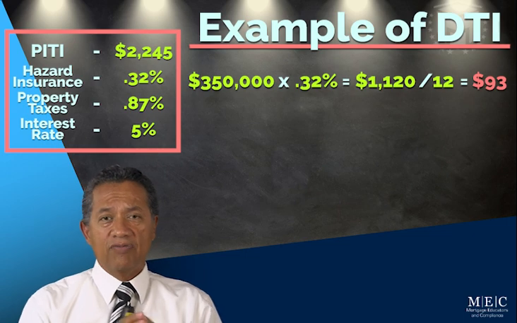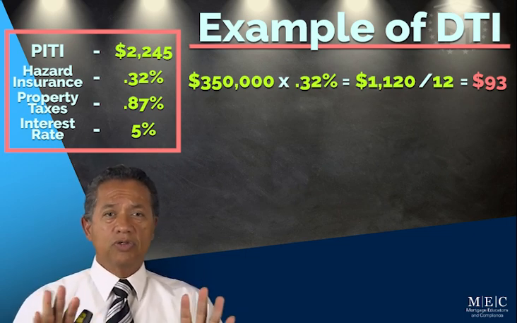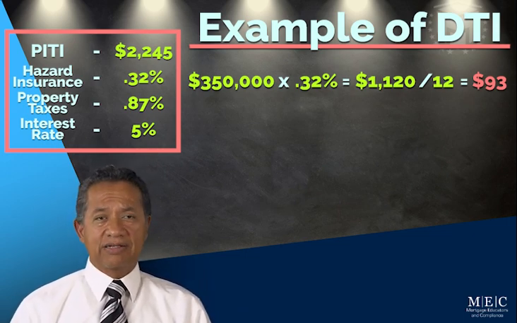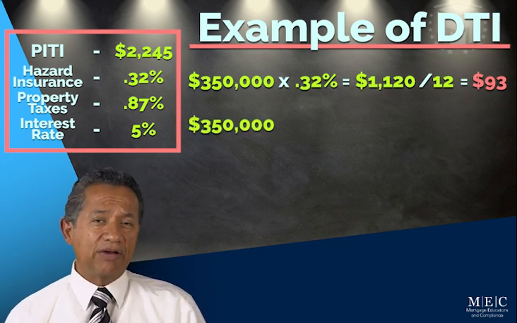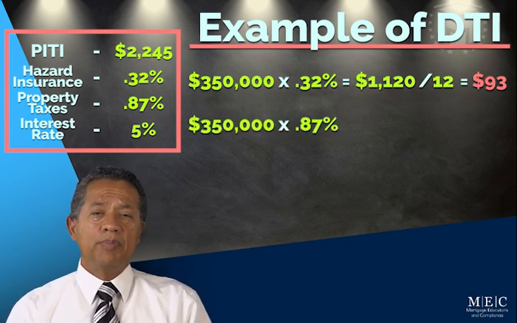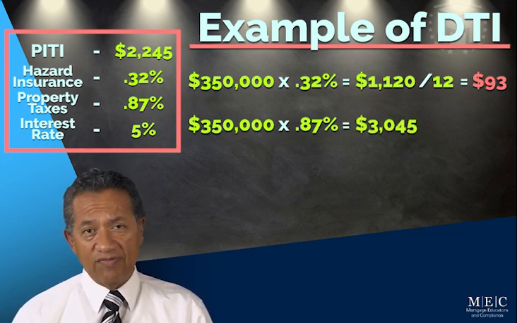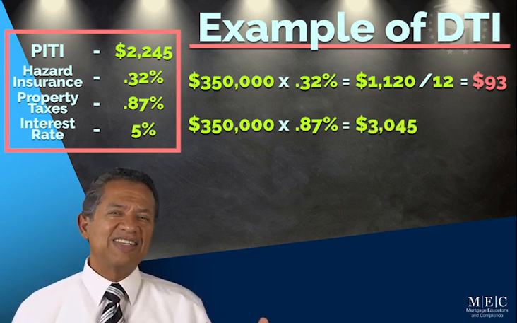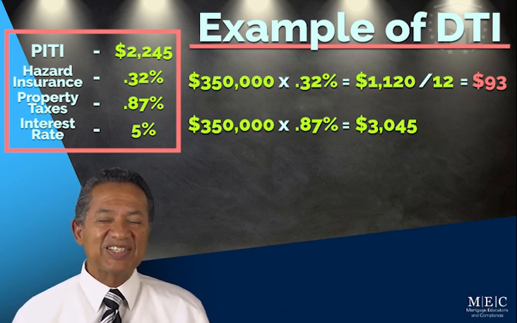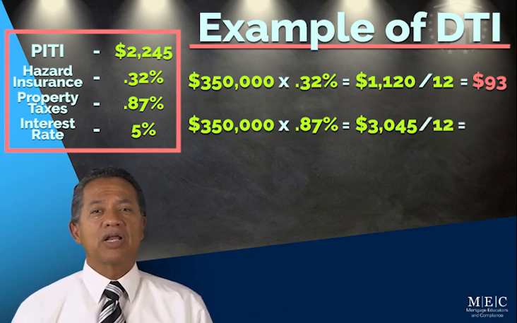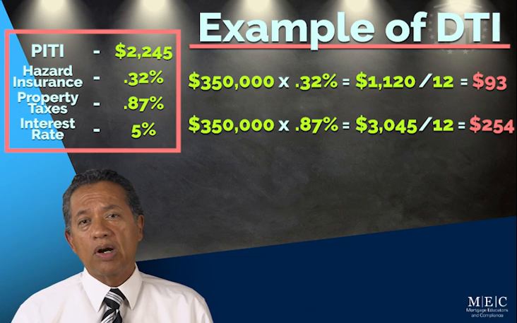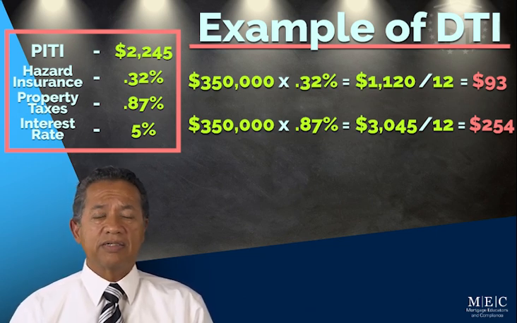The 1120 divided by 12, $93. Cool. Now let's figure out taxes. Take your same $350,000, multiply it by 0.87%. That adds up to $3,045. Well, $3,045 is not what they pay monthly, so you're going to divide it by 12, and you're going to come up with $254 for monthly property taxes.